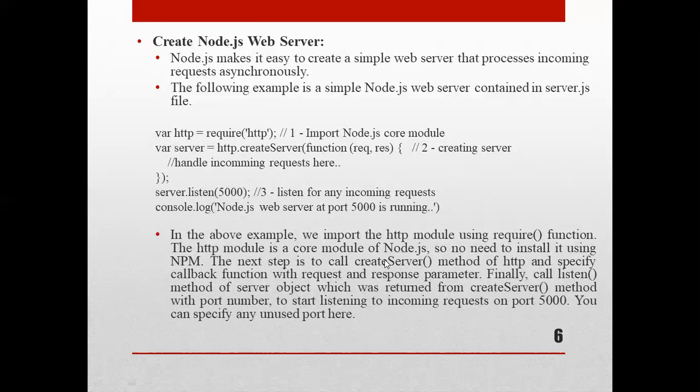Then the next step is to call the createServer method of http and specify a callback function with request and response. Finally we call the listen method with the port number to start listening for incoming requests on port 5000. Here we can specify any unused port. This is the way we can create a Node.js web server.